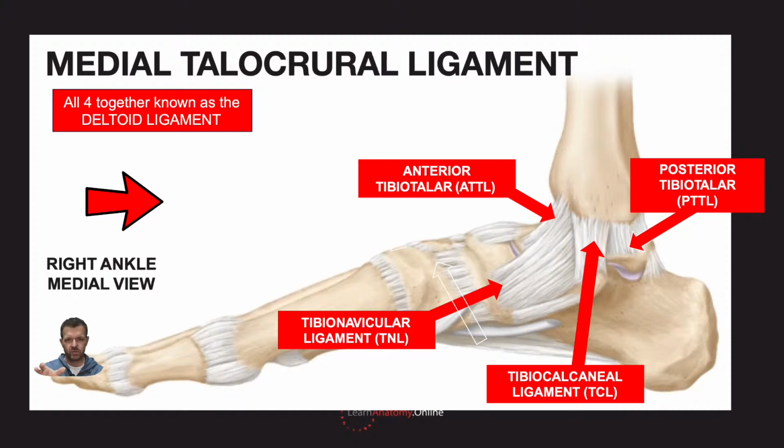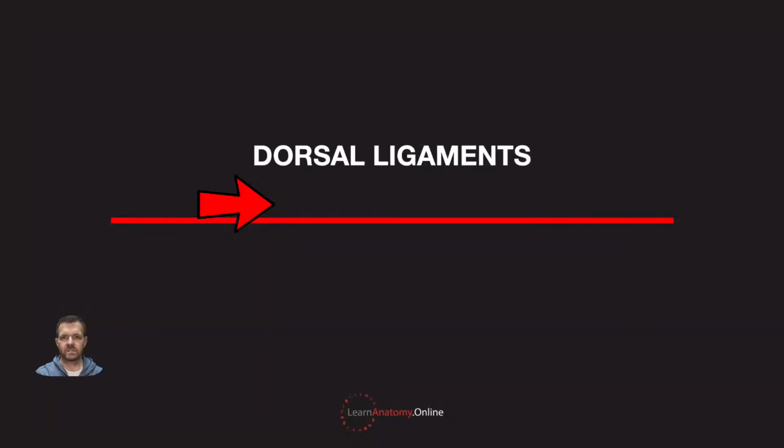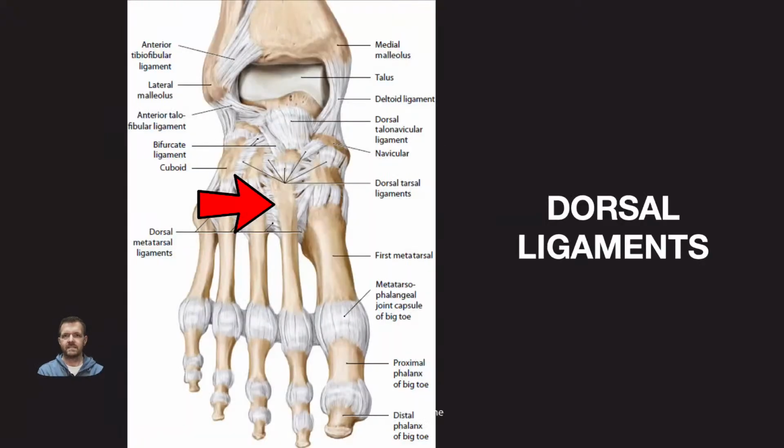So those two are definitely well worth looking into. The deltoid ligaments, those four, are kind of a group all the way around the medial aspect of the ankle, and again, less likely to get injured. So if you are prioritizing things to study, I would go for the lateral ligaments first and then these ones afterwards.